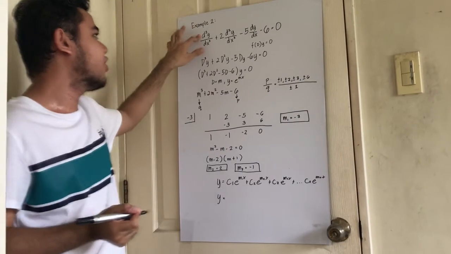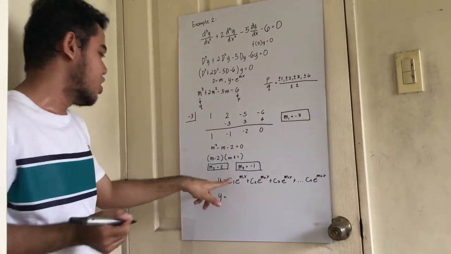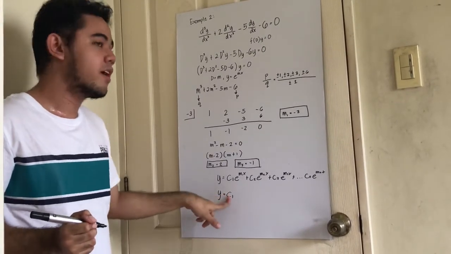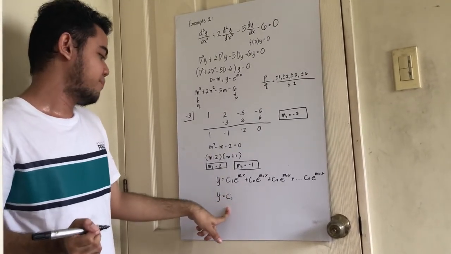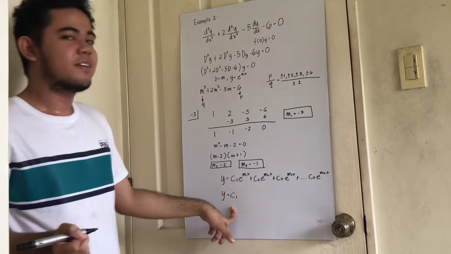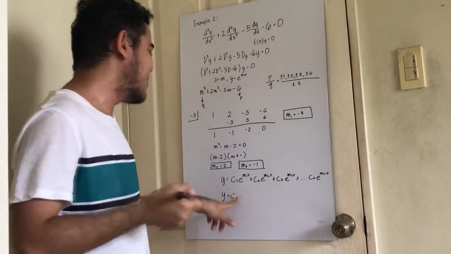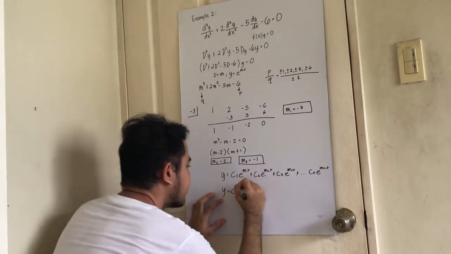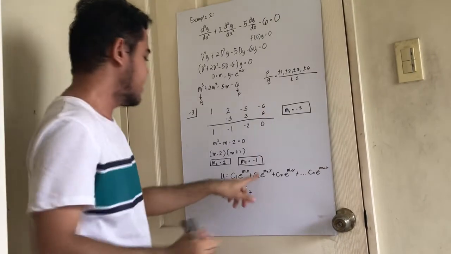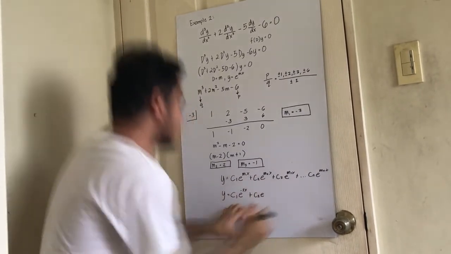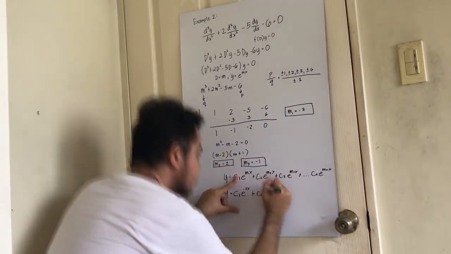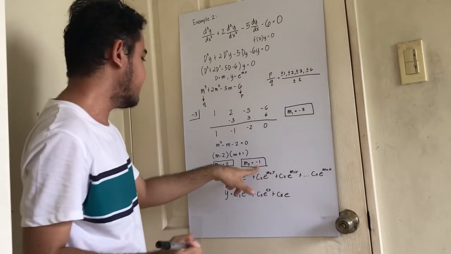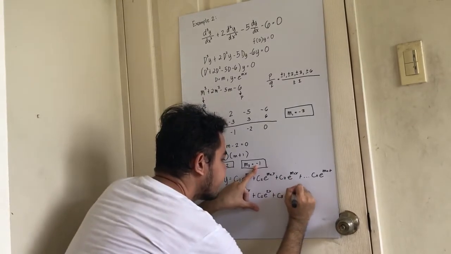In here the dependent variable is y, so we put y equals. So c1, we do not know yet what c1 is since this is an arbitrary constant, and it can be found in another topic. So c1 e raised to the power of m1, where m1 is negative 3, so negative 3x, plus c2 times e raised to the power of m2, where m2 is 2, so 2x, plus c3 e raised to the power of m3, which is negative 1, so this should be negative x.